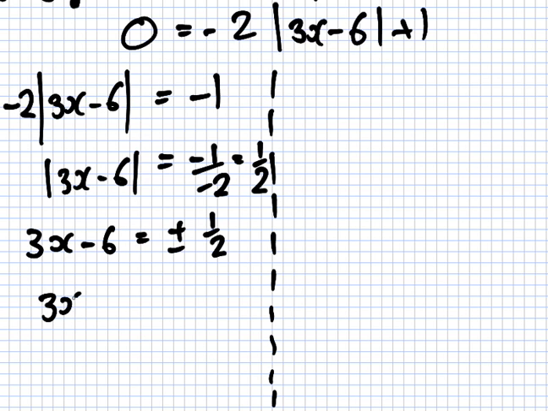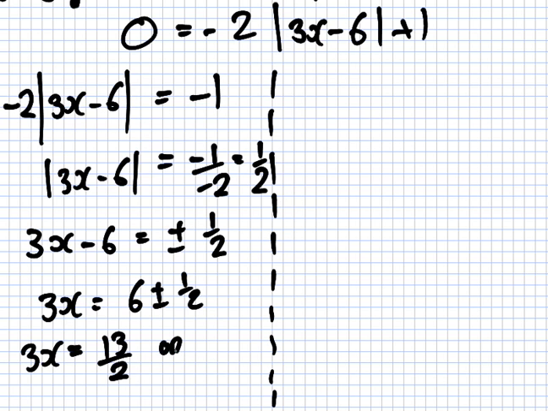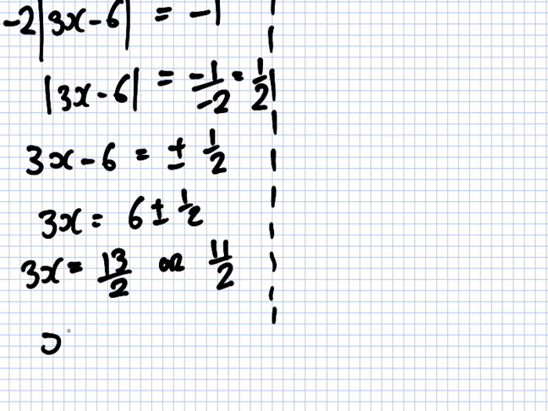So 3x equals 6 plus or minus a half. So 3x equals 13 over 2 or 11 over 2. So x is equal to 13 over 6 or 11 over 6. This is 2.167 and this is 1.84 roughly.